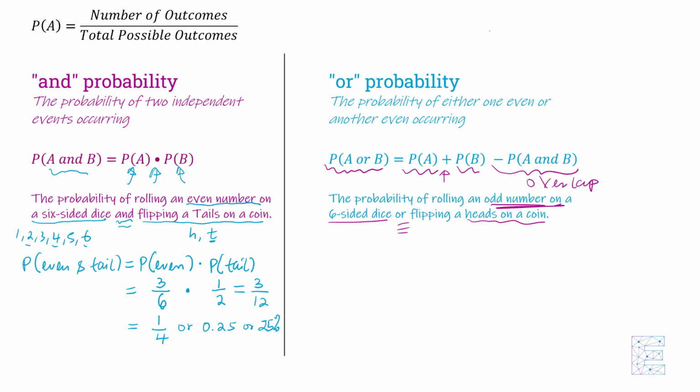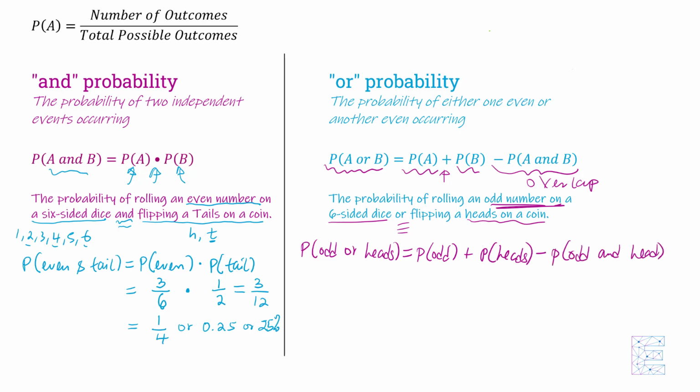But again, let's set this up using the correct nomenclature. That's going to be P of odd or heads. It's going to equal the probability of odd plus the probability of heads minus the probability of odd and heads.